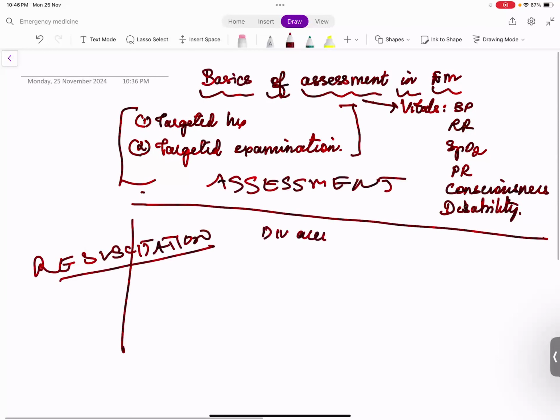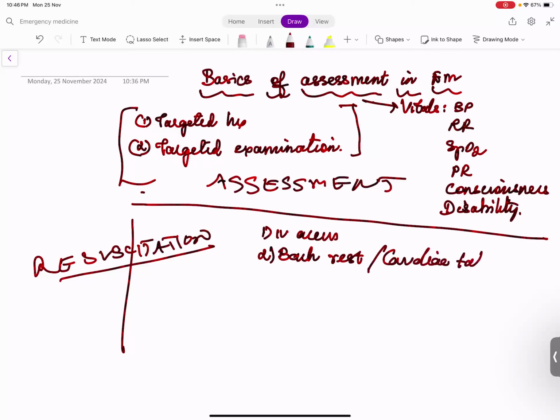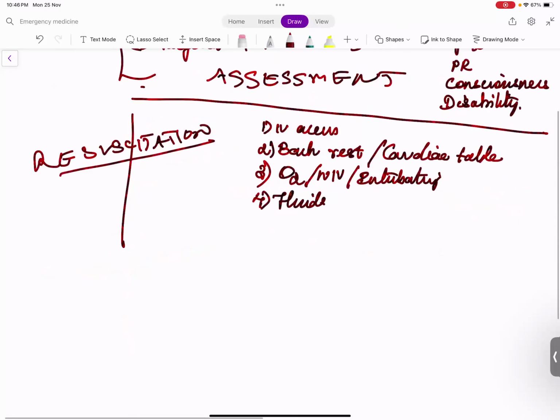So establishing IV access, giving a back rest to a patient. Just giving a back rest or a cardiac table to the patient may be a simple measure to relax the patient. And starting oxygen, or planning for starting non-invasive ventilation, or planning for intubating the patient. So this comes under airway access. And just giving fluid to the patient who is in shock may be a part of resuscitation. So all this should go side by side.